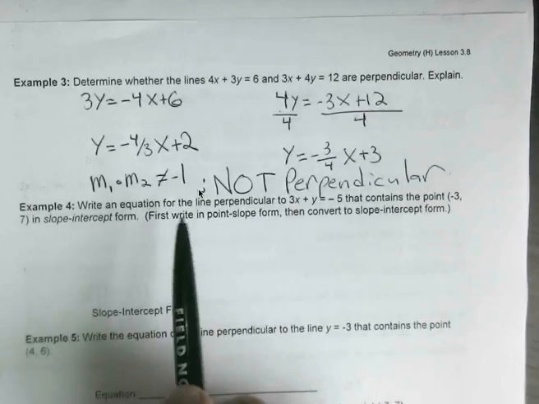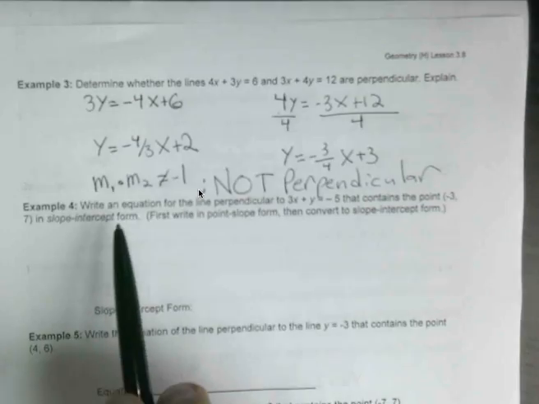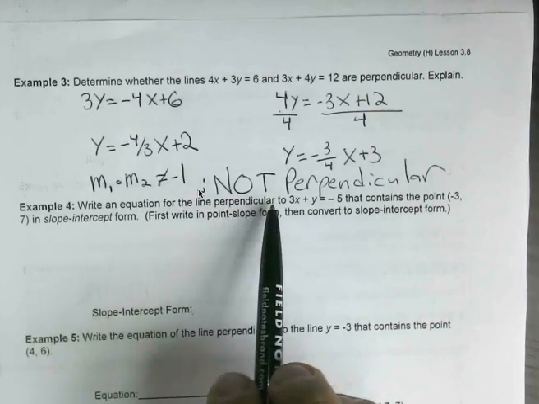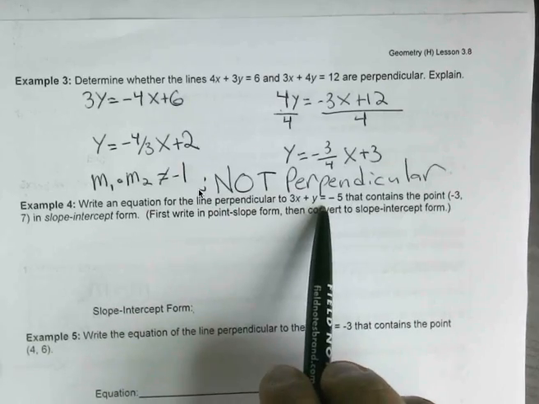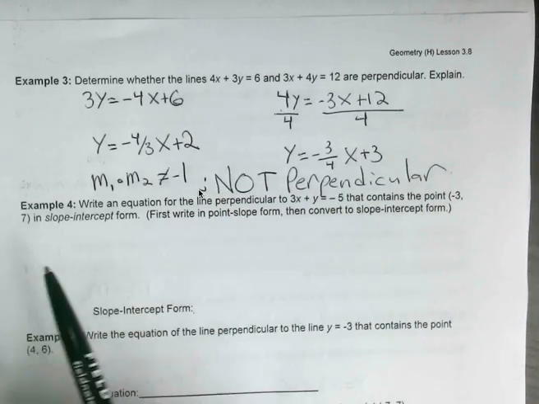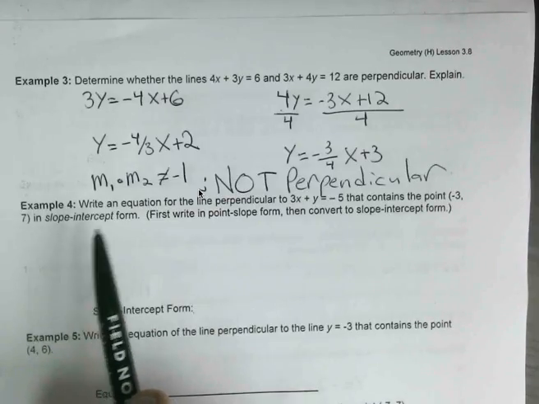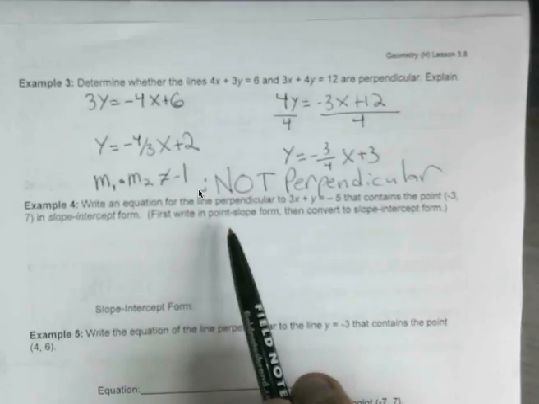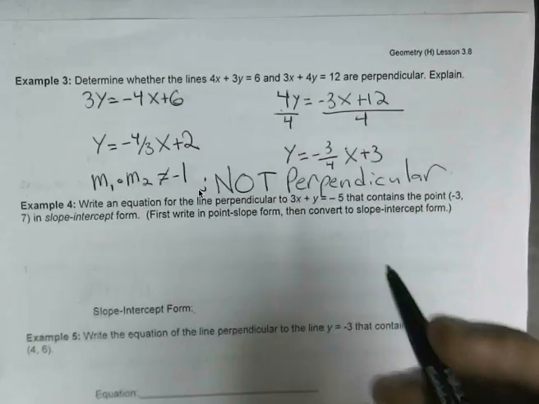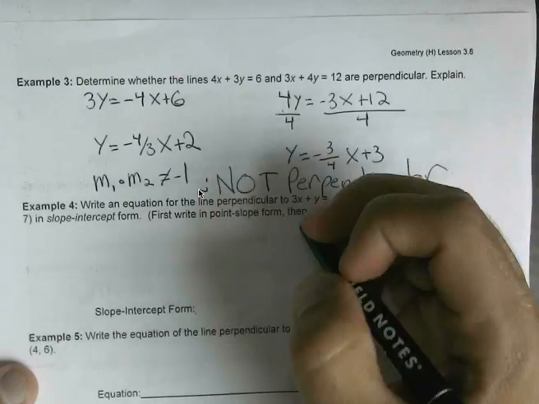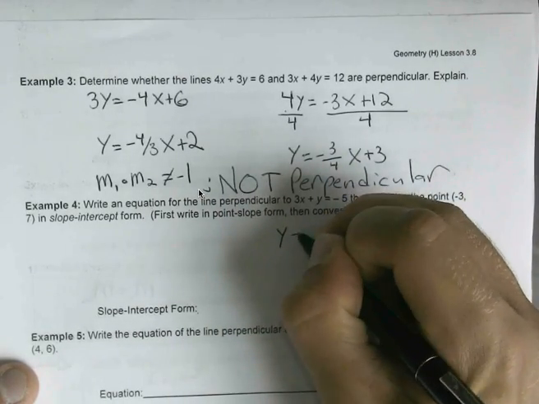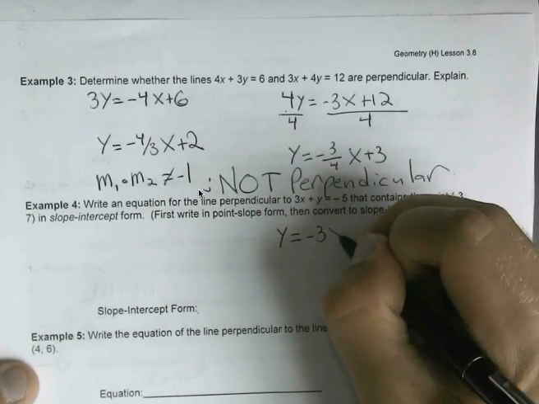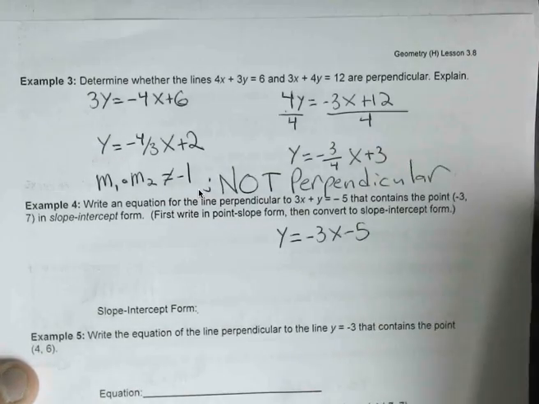Similar to the second example, we're now writing an equation for the line that runs perpendicular to 3x plus y equals negative 5, containing the point (negative 3, 7), going from there. All right, so we'll do point slope form and then go to slope intercept form. Well, I know that this is in standard form, so let's rewrite that. So this is y equals negative 3x minus 5.